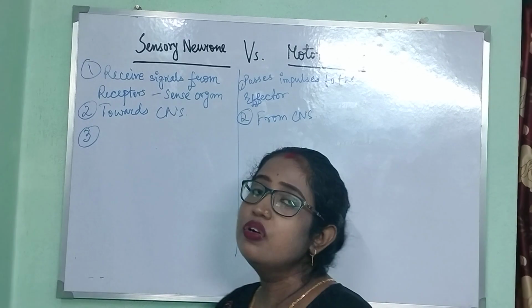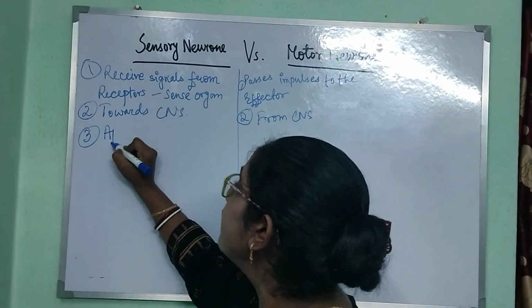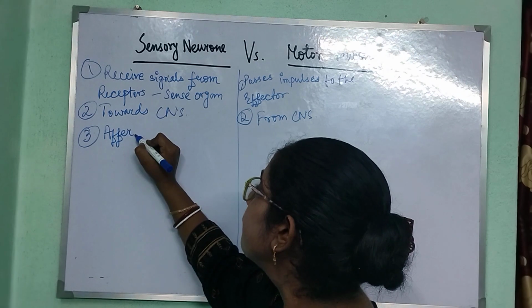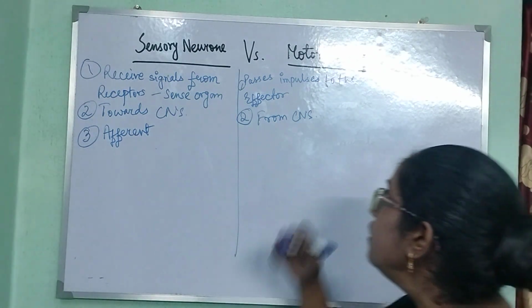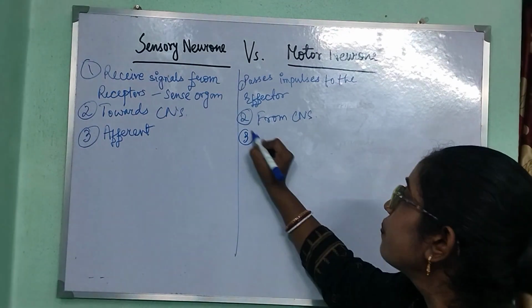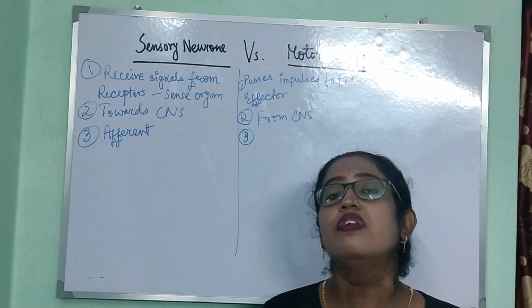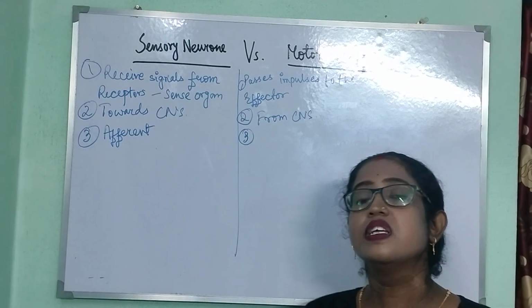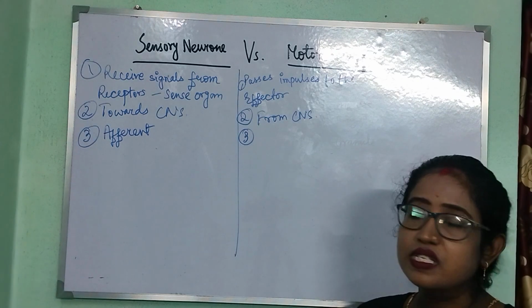This neuron, the sensory neuron, is also known as the afferent neuron, whereas the motor neuron carries impulses from inside of our body, meaning from the CNS, to the outer side of our body, that is the muscle cell.